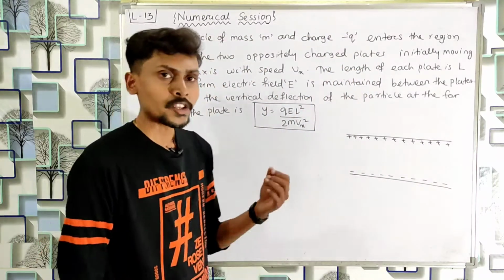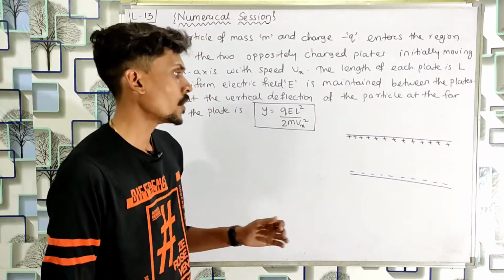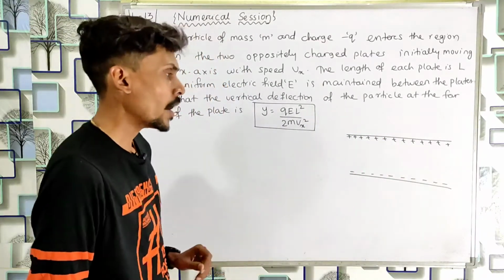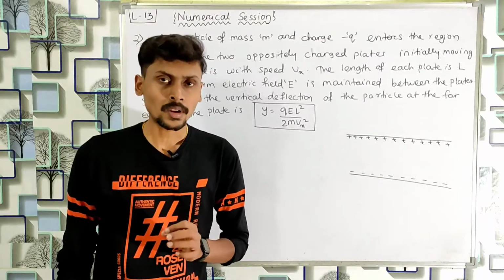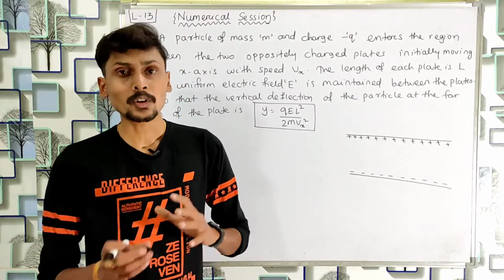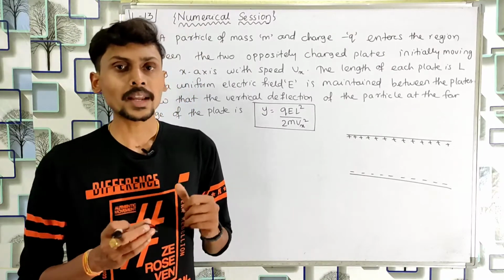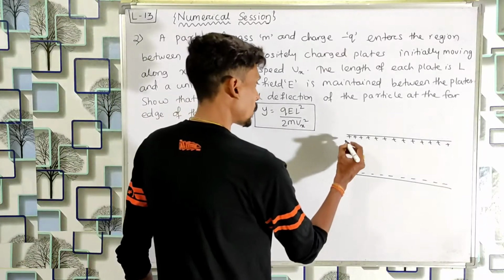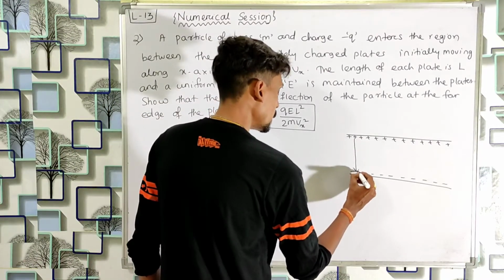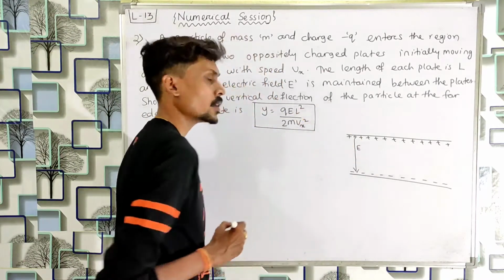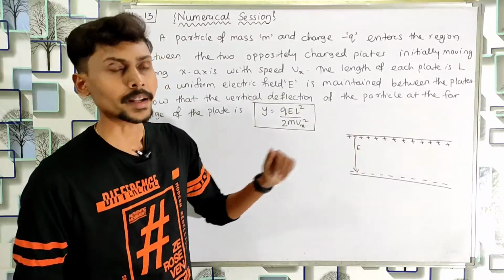So there exists a uniform electric field between the two plates, and we know that the electric field is always directed from the positively charged body to the negatively charged body. So the electric field will be directed in this direction. Is that clear? From positive to negative.